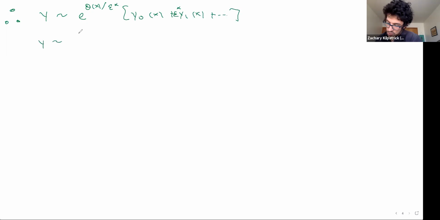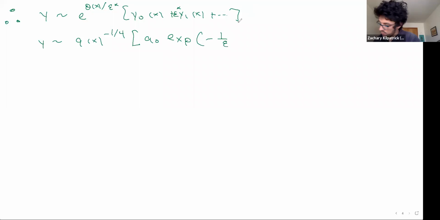So y is approximated by q of x to the minus 1/4, multiplied by a0 times the exponential of minus 1 over epsilon integral from 0 to x of the square root of q of s ds, plus b0 times the exponential of 1 over epsilon integral from 0 to x of the square root of q of s ds.